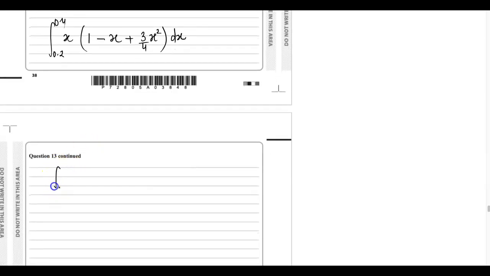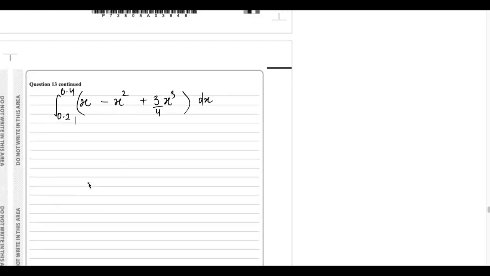We're going to be getting x minus x squared plus 3/4 of x cubed dx. Okay, I'm not breaking it into simpler form. It is year one thing. Right now we can just directly integrate that.